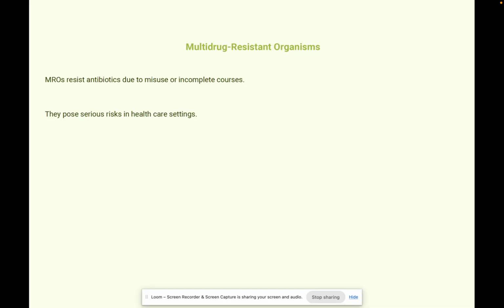Ideally, antibiotics should be taken by the client for a minimum of 7 days, depending on the doctor's order. If the client stops the antibiotic after, let's say, only 3 days, because he thinks he's already better and there are no symptoms anymore, there might be a tendency that he will acquire multi-drug resistant organisms.